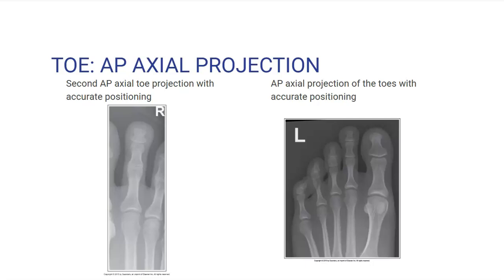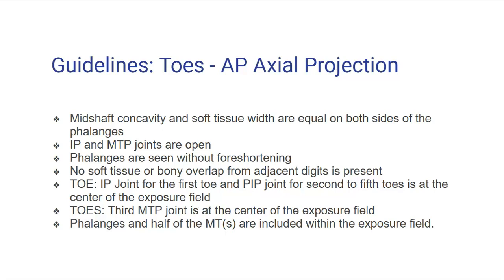If imaging in the AP axial projection all the toes at once, then the third metatarsophalangeal joint should be demonstrated at the center of the exposure field. The phalanges and half of the metatarsals are all to be included within the exposure field. Here are those image analysis guidelines for your review.